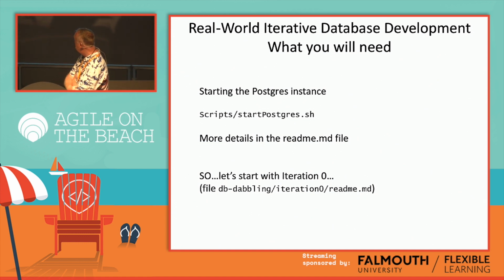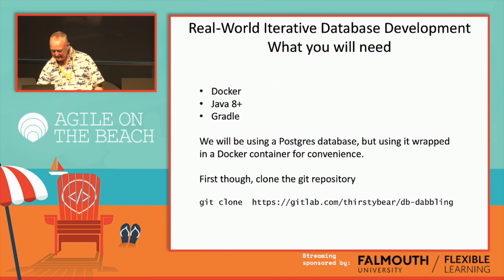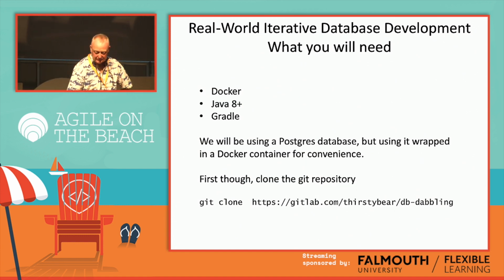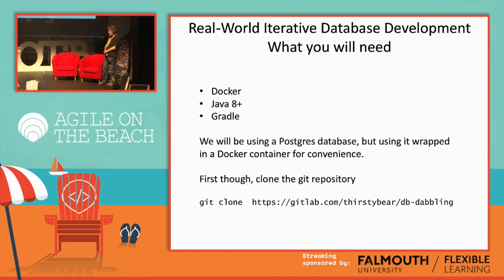So give it a go. Apologies to the Windows users, by the way. Git bash is probably your best bet. Like I said, apologies to the Windows users, but if you just use git bash, everything should just work.